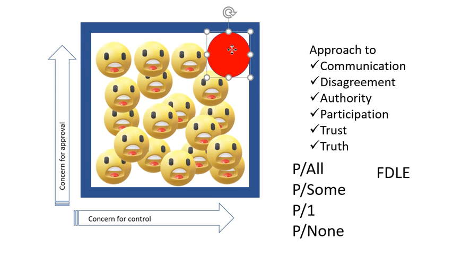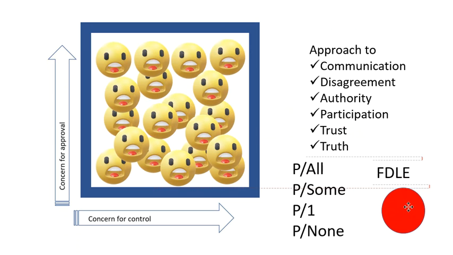So this is what this model looks like. And the goal, of course, is to get the total faculty to work together as a cohesive unit in the upper right-hand corner of this matrix or grid.